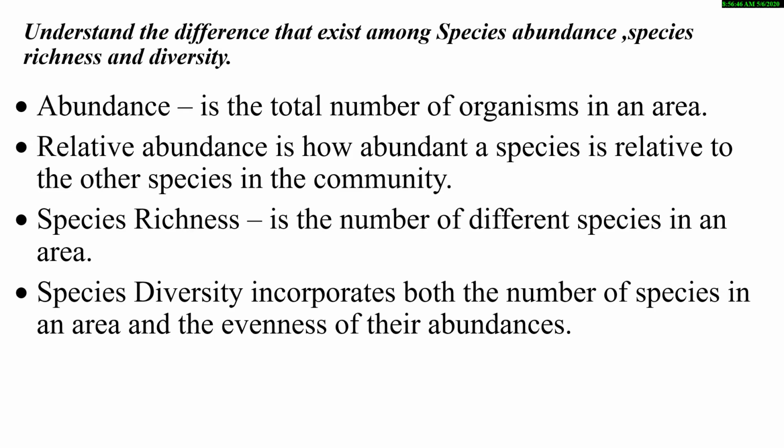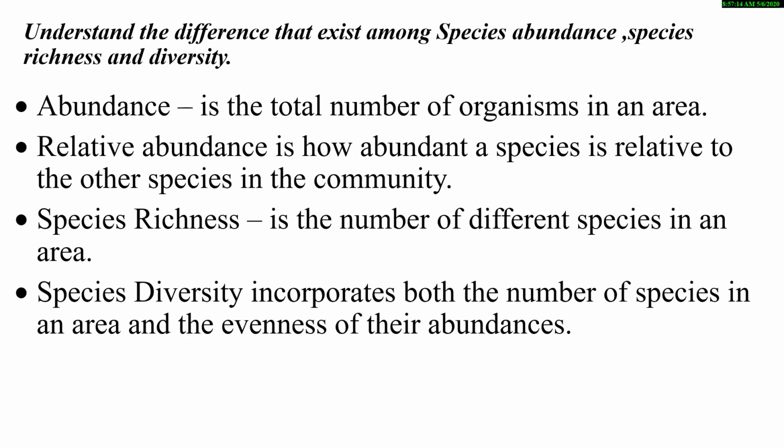What then is species richness? Species richness is the number of different species in an area, or the number of species per unit area. It does not matter how abundant they are, but the number of species per unit area.